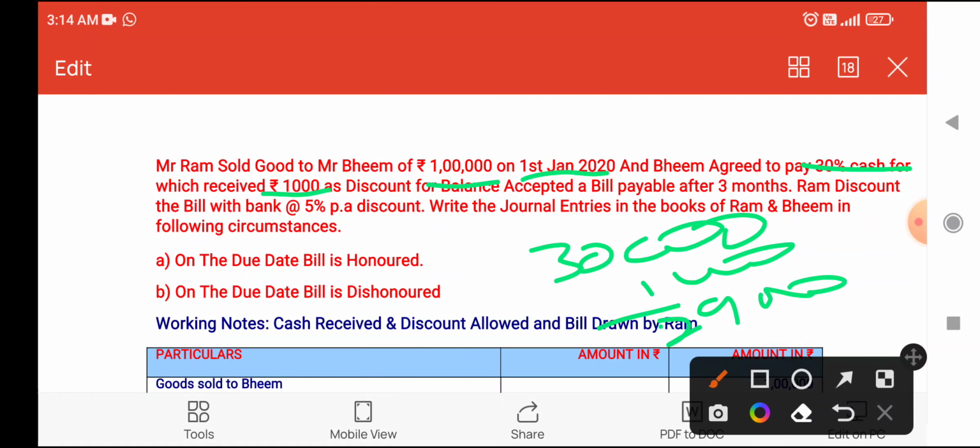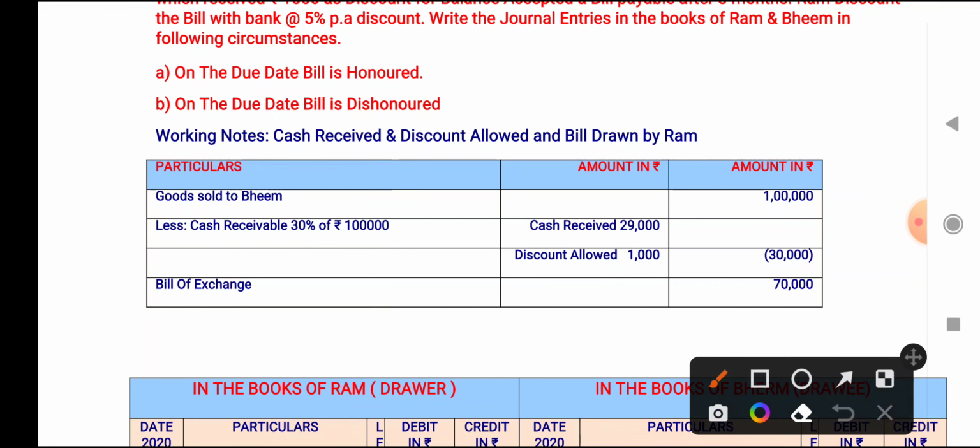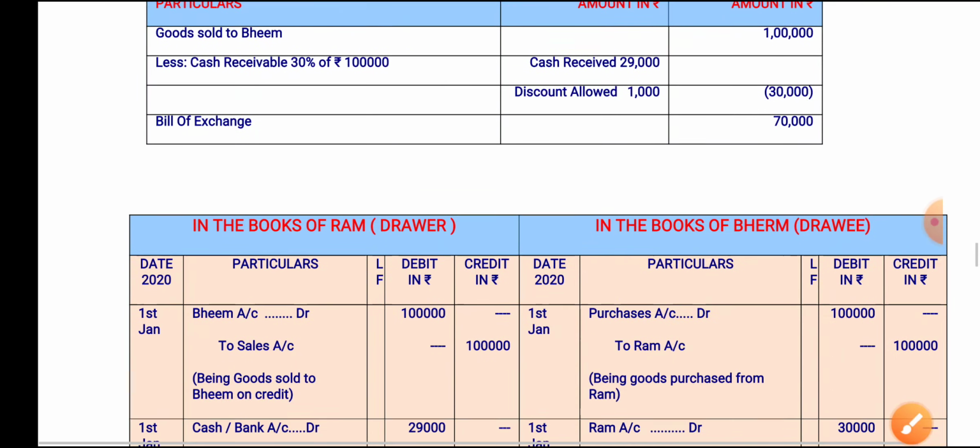And for the balance, out of 1 lakh, if we remove 30,000, it is 70,000. That 70,000 will be the bill amount. That is what we did in working note 1 also. So 1 lakh: 30% cash, then the remaining 70% bills of exchange. Out of the 30,000, 1,000 rupees is discount, so the remaining amount is 29,000.